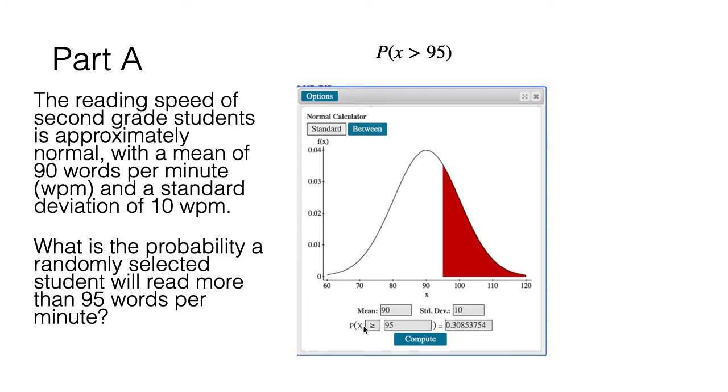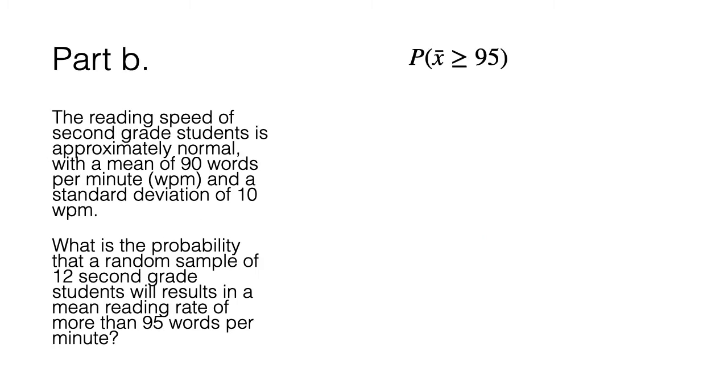What is the probability that X is greater than or equal to 95? Whether it's greater than 95 or greater than or equal to 95 doesn't matter. We get an answer of 0.3085, rounding to 4 decimal places. So Part A was just a regular old normal distribution.